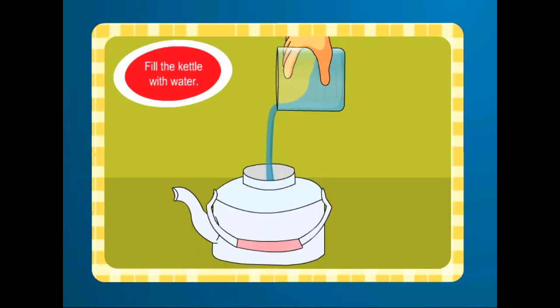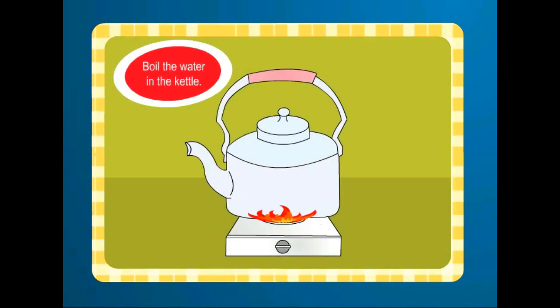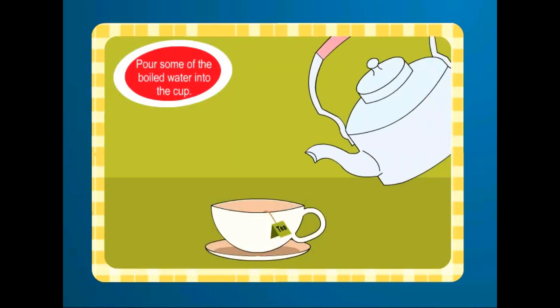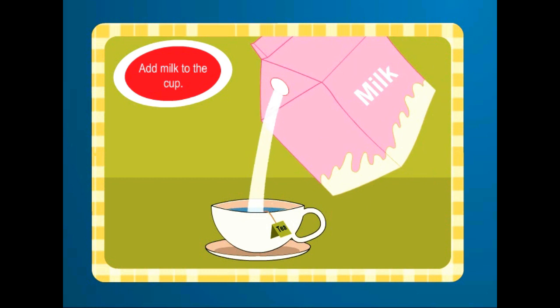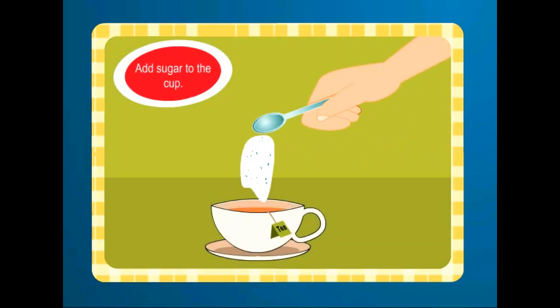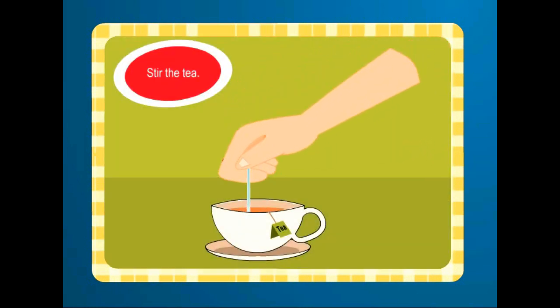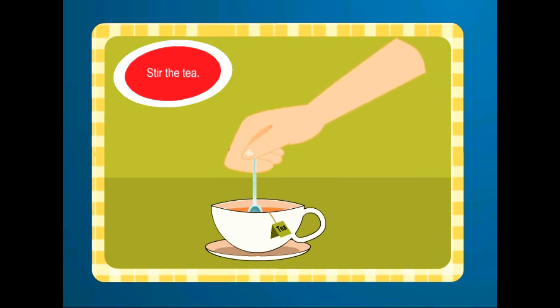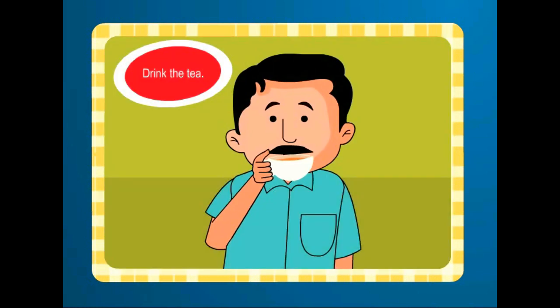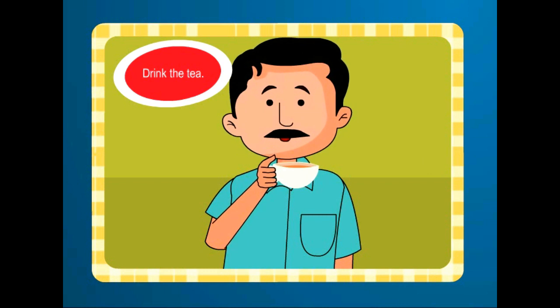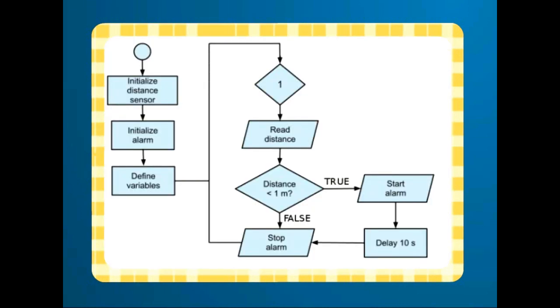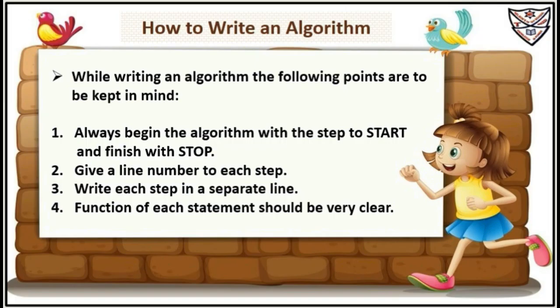This process of representing a problem step by step in a sequential manner is called an algorithm. Once the algorithm of a problem is designed, we can easily convert it into a computer program using the statement set of a computer language.